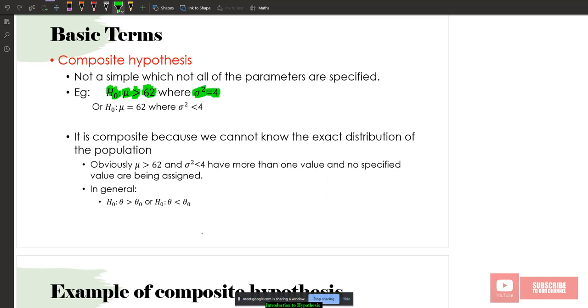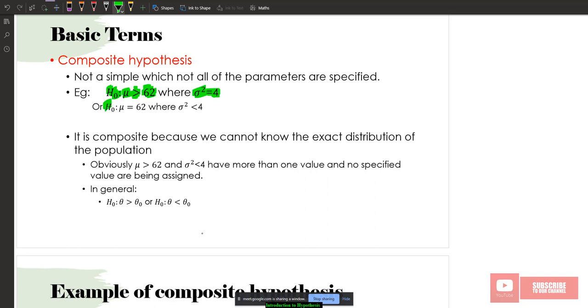We already know the specified value for variance, but we really don't know the value for mean. The value of mean is more than 62. It could be 63, 64, and so on. It's not really a specified value. So we don't know the exact value for the null hypothesis.